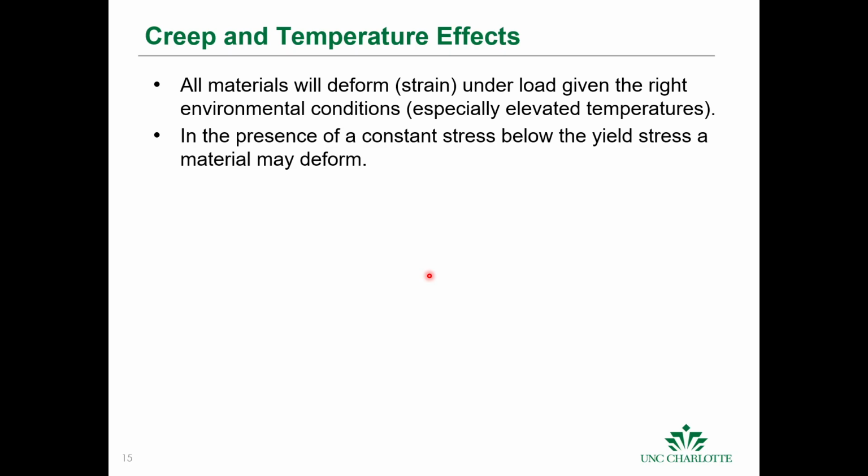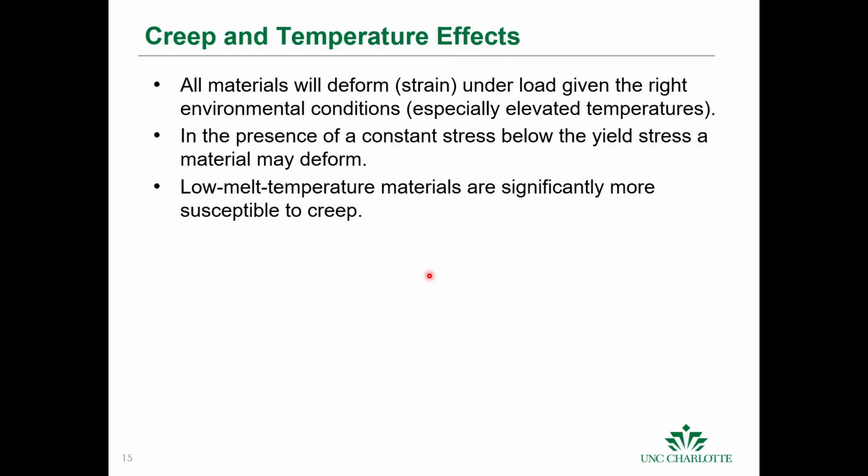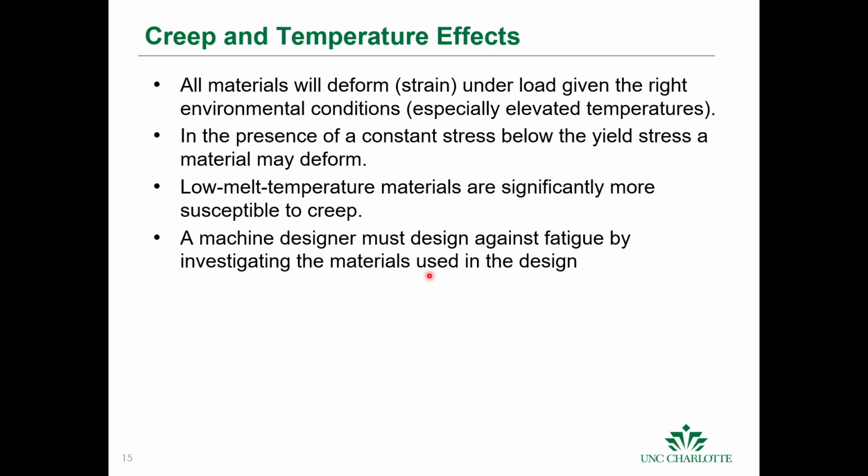So when we have a constant stress, which can be significantly lower than the yield stress, then the material can start to move. Okay, and we call this the dynamics of creep. Materials with low melt temperatures are more susceptible to this. So your plastics and polymers are going to be more susceptible to it.